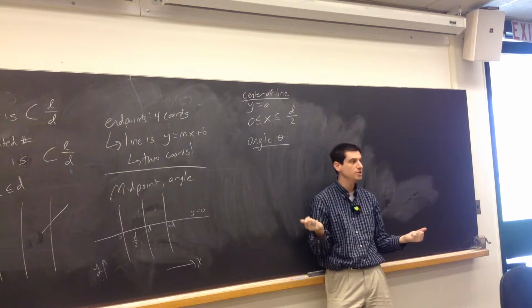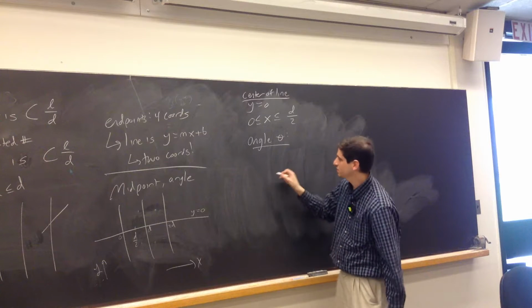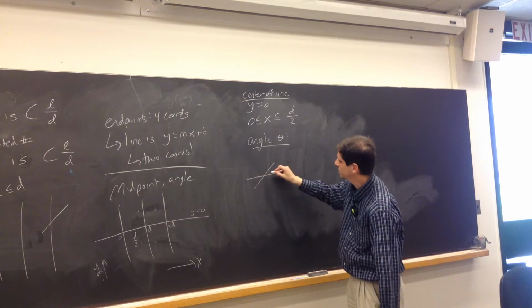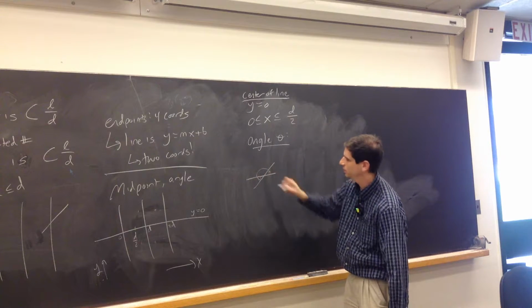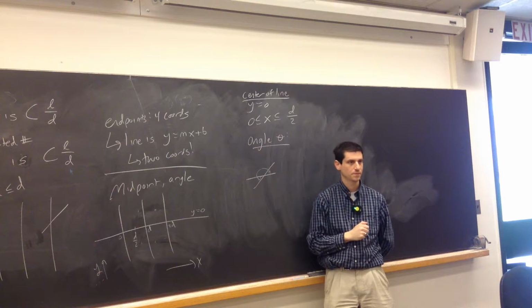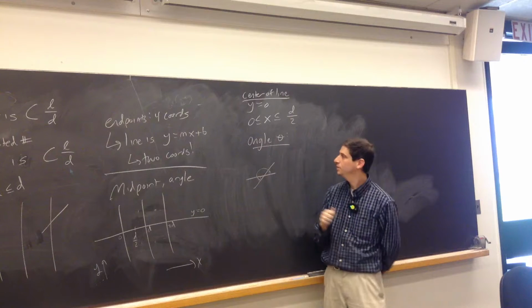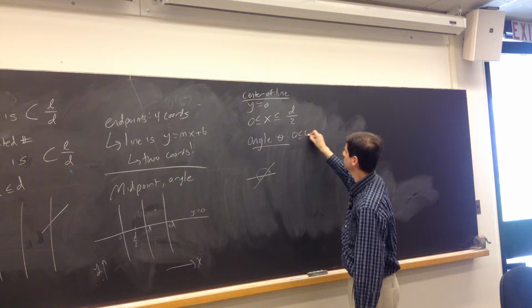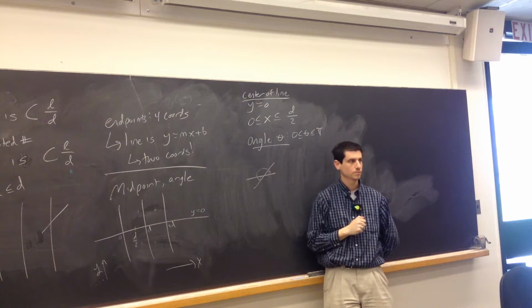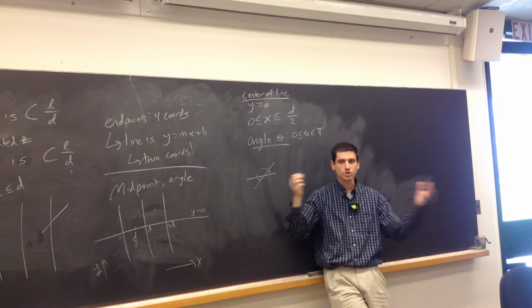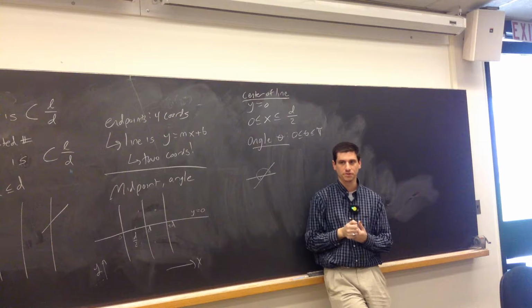It's got to be in some region of at most 180 degrees, because if I call this angle theta, that's the same as this angle here, which is theta plus 180. So I can always assume 0 less than or equal to theta less than or equal to pi. So again, we're restricting the space a little bit.